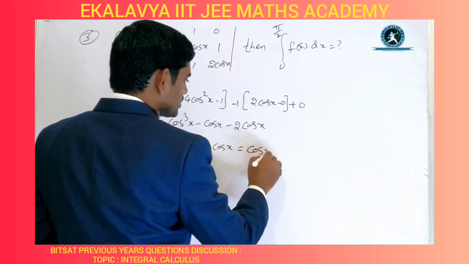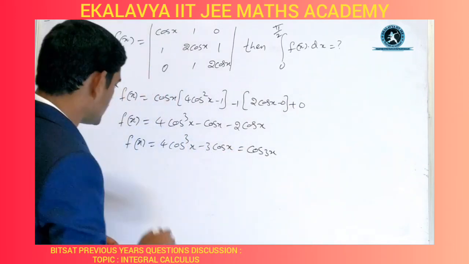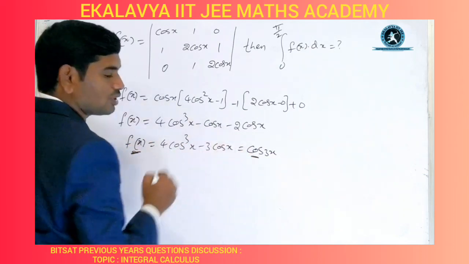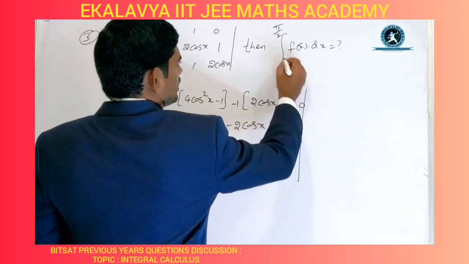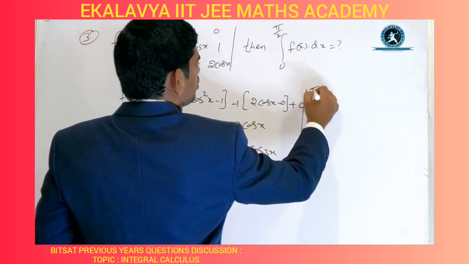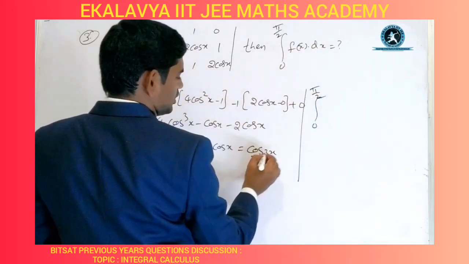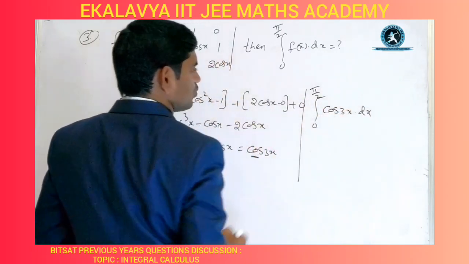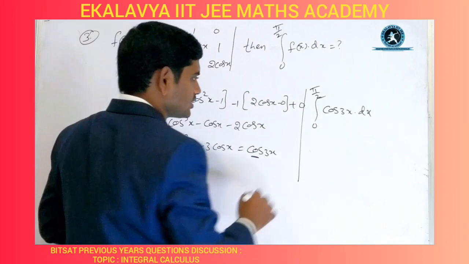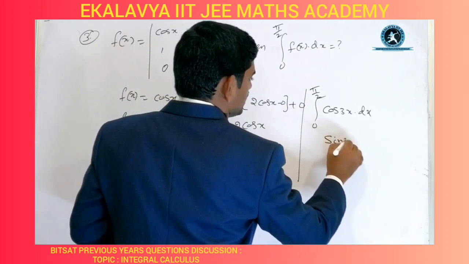Cos 3x. So finally f of x is equal to cos 3x. Now what they are asking in the question is integration of 0 to pi by 2 f of x dx. f of x is cos 3x dx.